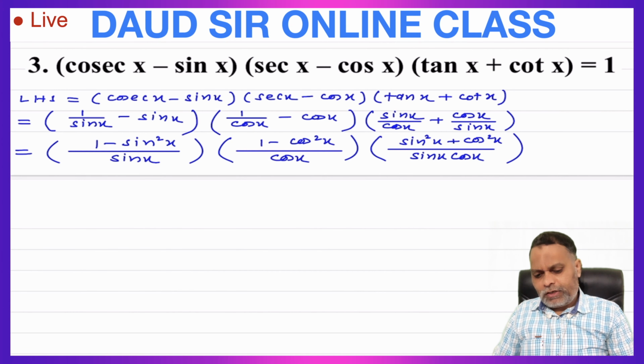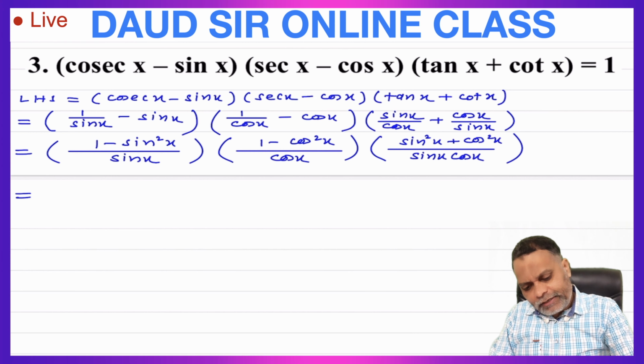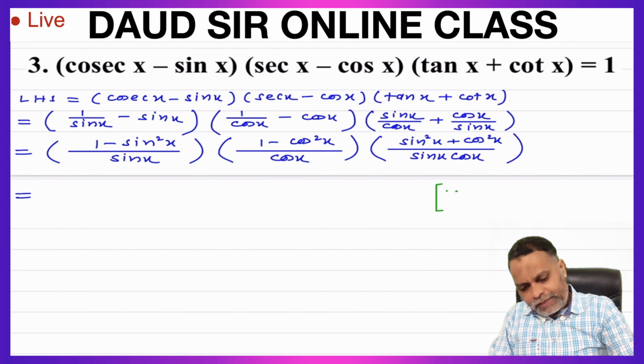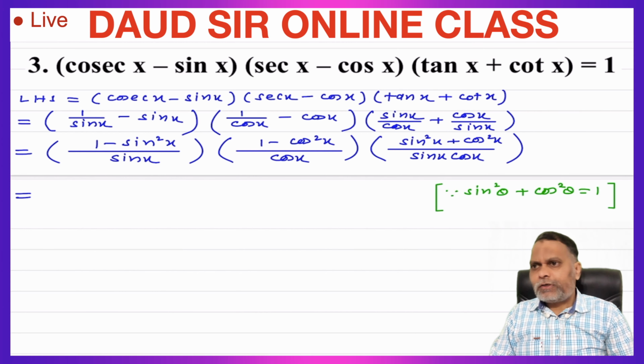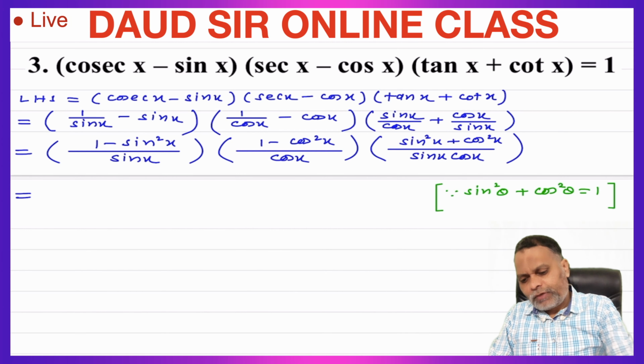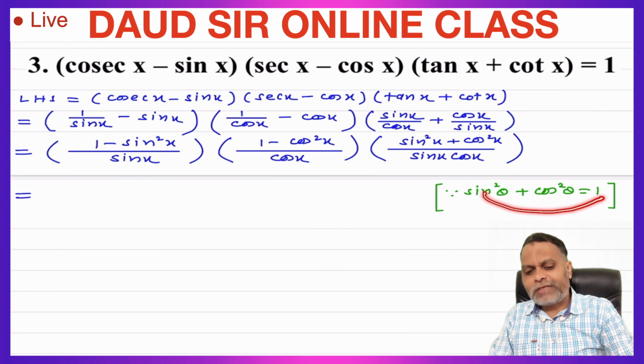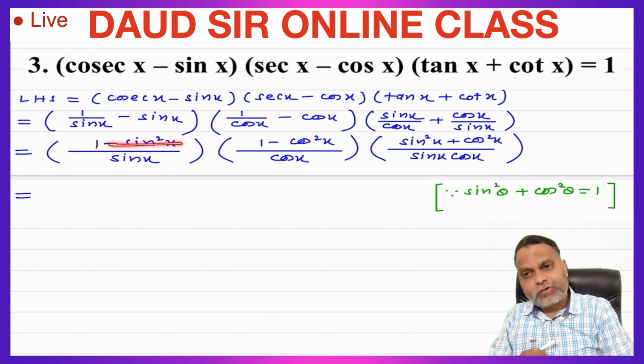Now we have the identity sin square theta plus cos square theta is equal to 1. So this identity we can apply. Here sin square x plus cos square x will become 1. Here 1 minus sin square x, shift this sin square x this side, so 1 minus sin square x we can write cos square x.